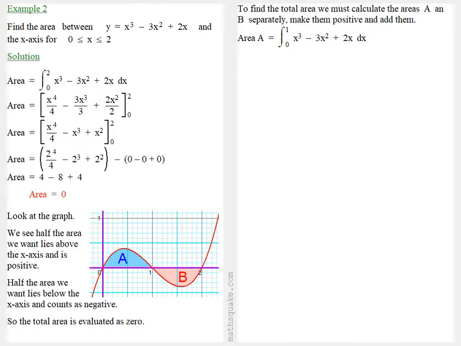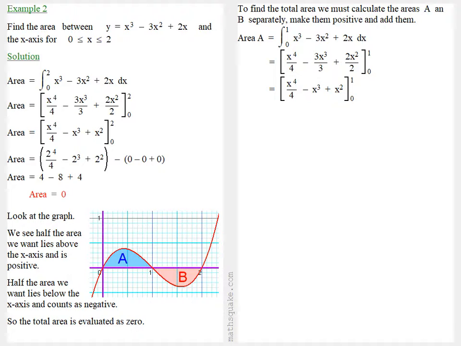So area A is the function x cubed minus 3x squared plus 2x integrated between 0 and 1. So that's x to the 4th over 4 minus 3x cubed over 3 plus 2x squared over 2 between 0 and 1. Or if we simplify it, x to the 4th over 4 minus x cubed plus x squared between 0 and 1.